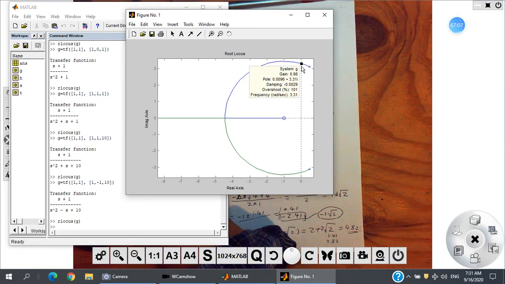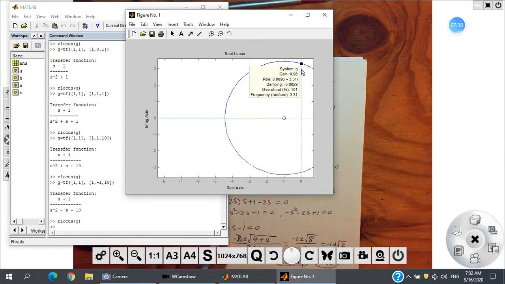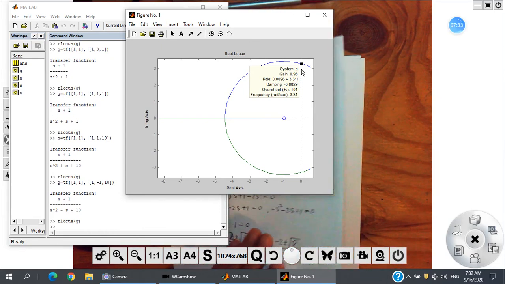It's hard to move it to exactly 0 in the real part. Then the pole will be located on the imaginary axis. That is a marginal case, and I want to find that K and that pole. So this is another thing I want to discuss.